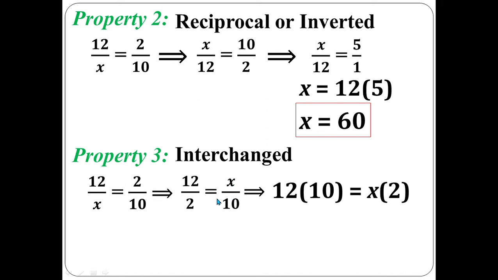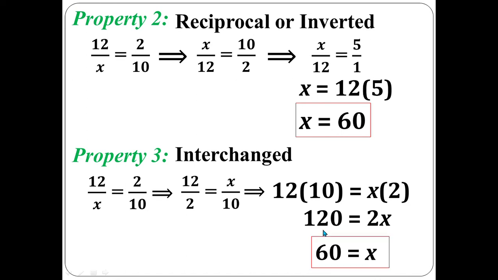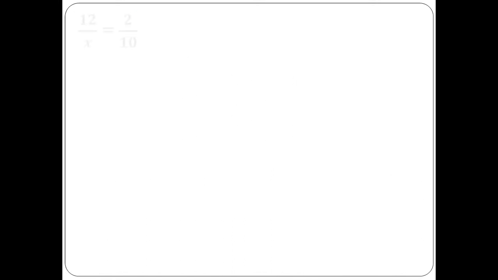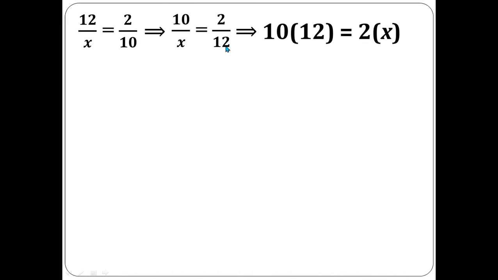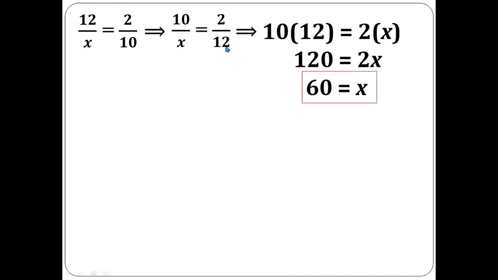Multiply extremes by extremes and means by means. Divide again with 2. Therefore, x is 60. Yung isa naman, interchange natin yung extremes. Kanina yung means, ngayon naman yung extremes. The same process after using the property, balik always sa property 1 to get the value of x.